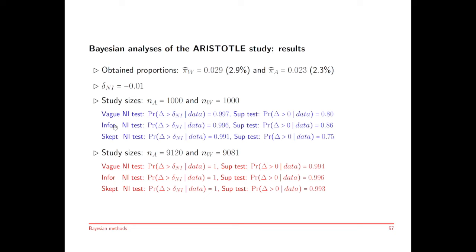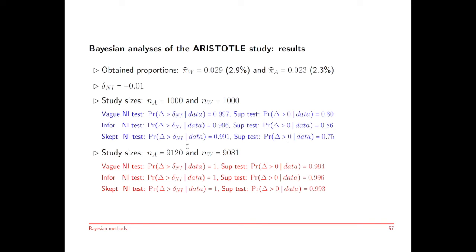When we took the informative prior for warfarin results, the non-inferiority test was basically the same, but the posterior probability for the superiority test increased by 6%.